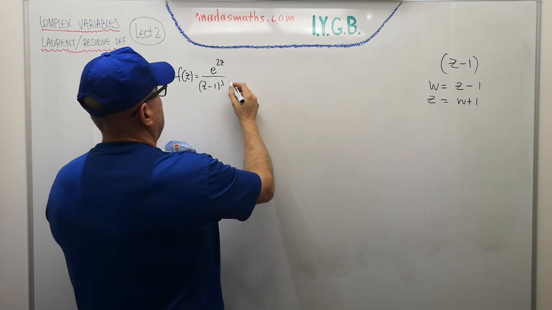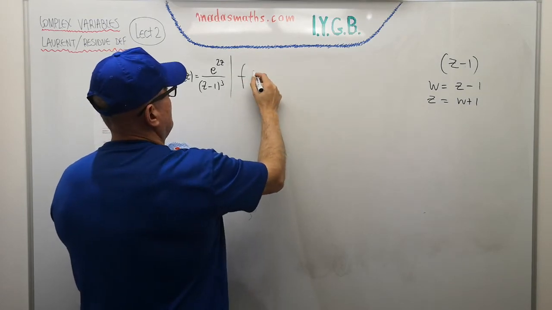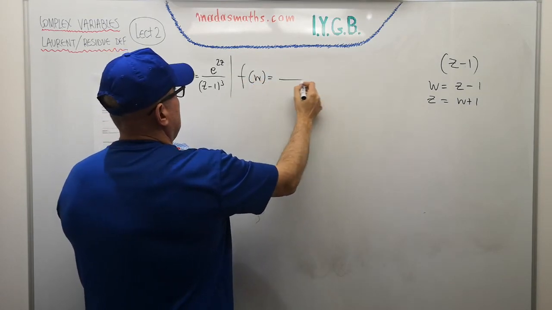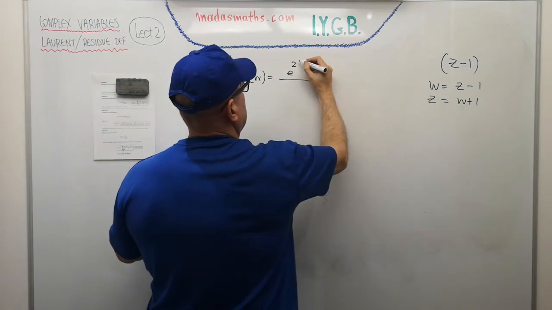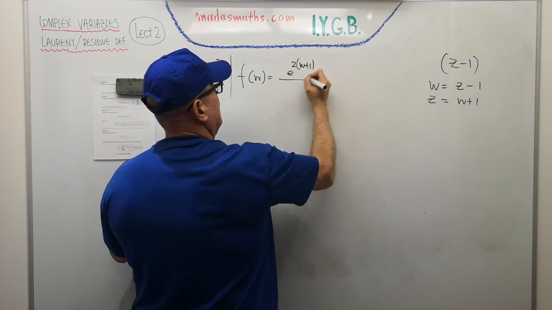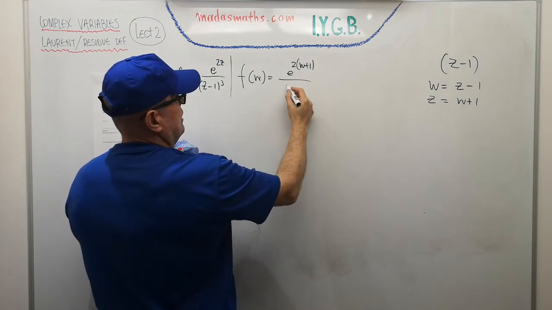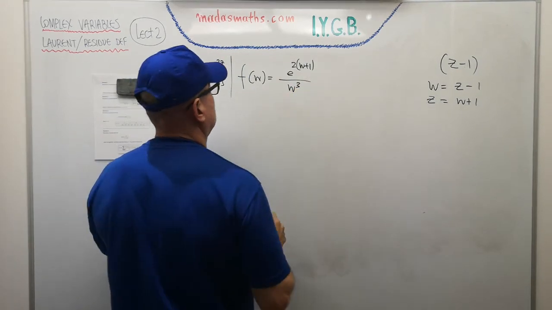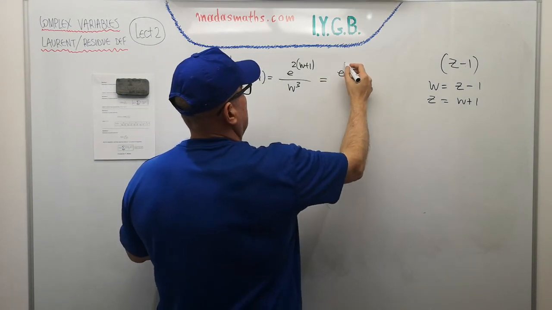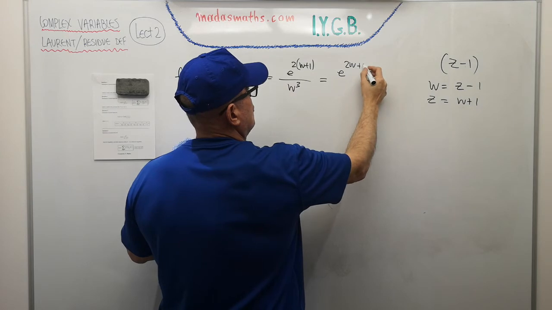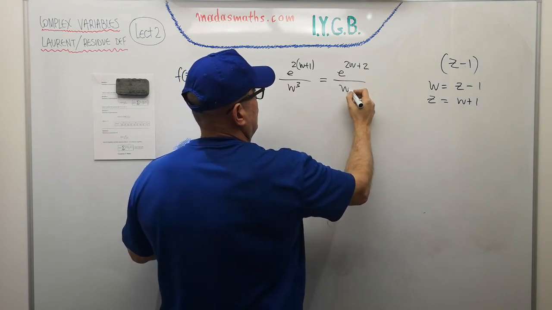So this is going to be now, if you want, an f of w. And my f of w is going to be e to the 2 bracket w plus 1. But my denominator now is nice, 1 over w cubed. Which, of course, on the next line is going to be e to the 2w plus 2 over w cubed.